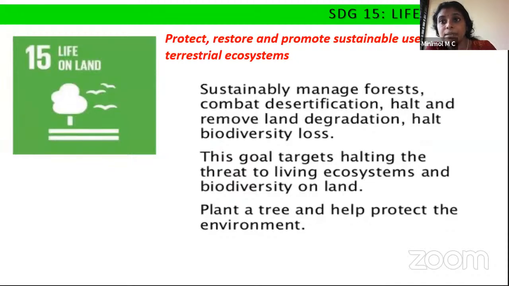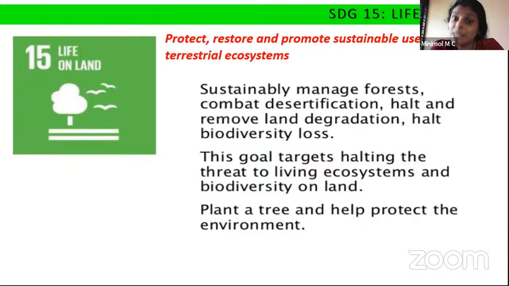SDG 15 is about life on land. It basically aims to protect, restore, and promote sustainable use of terrestrial ecosystems. So how do we manage our forest?